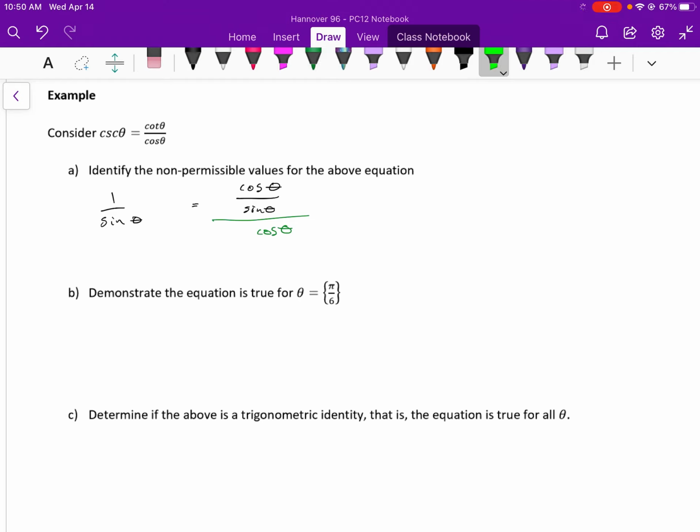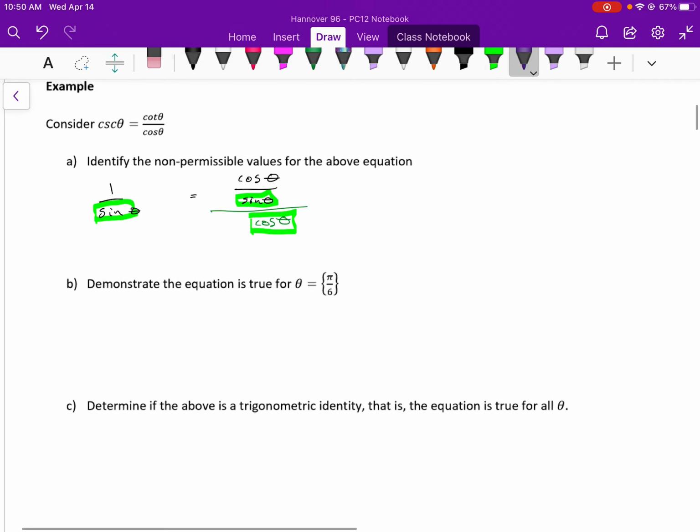So really my non-permissible values are, my denominators can't be equal to 0. I'm not going to take too much time, but really my non-permissible values for theta are solving these inequalities where cotan theta can't be equal to 0 and sine theta can't be equal to 0. And those are fairly easy enough to get. Although it's not stated in radians or degrees, we could pick either one and there we would have it.